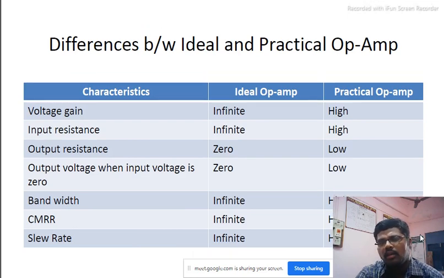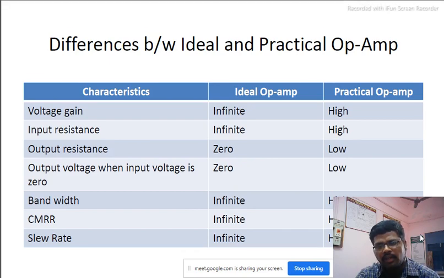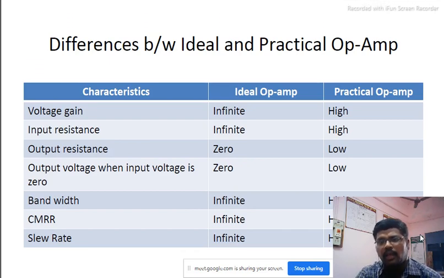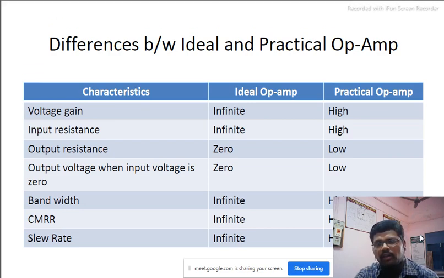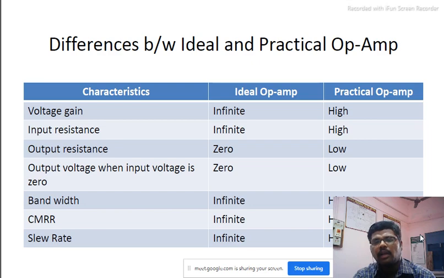In the ideal op-amp, the voltage gain is infinity. In the practical op-amp it is high. Input resistance is infinity in ideal and high in practical. Output resistance is 0 in ideal, and in practical op-amp it is low.